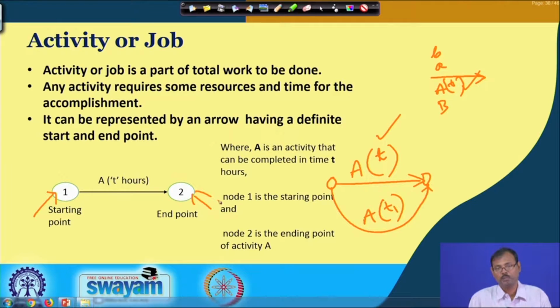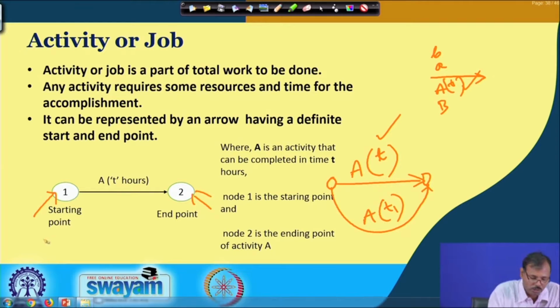It may be a finished activity. If you see the pencil manufacturing in the previous video, the last activity is where the pencils are placed in the box and sent to the market. That is the last process, placing the pencils in the box, and that ends at the finish place. So, there may be a starting point and an ending point, but those are fixed for the individual jobs.